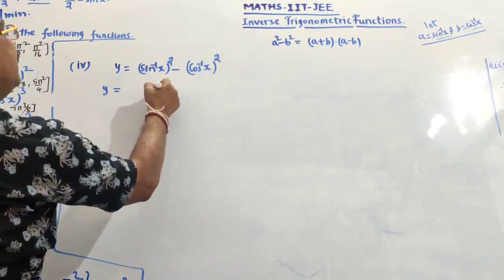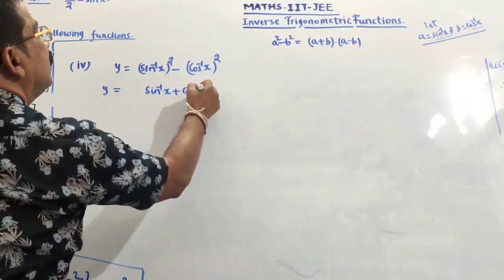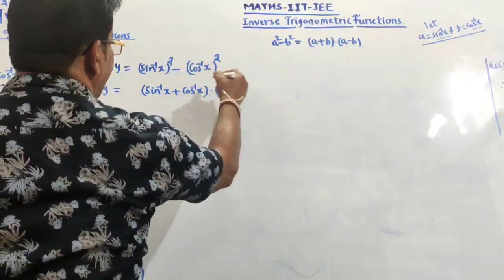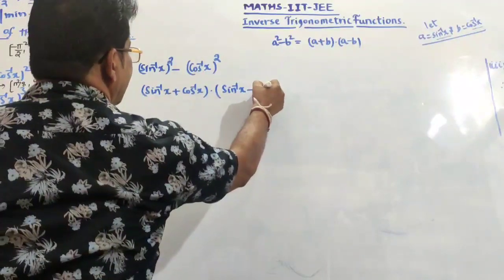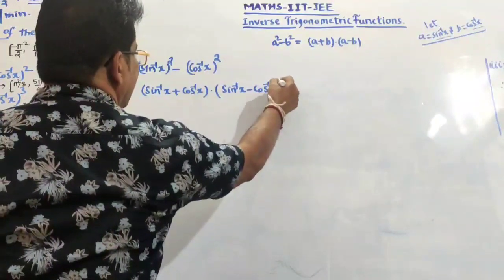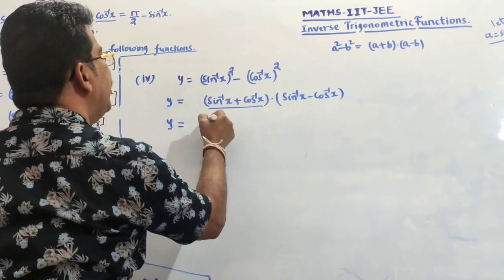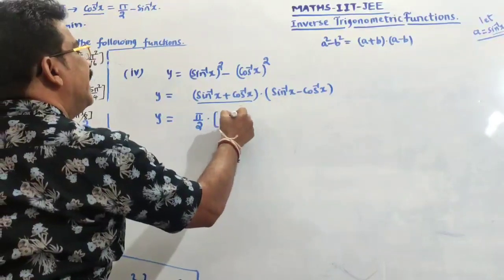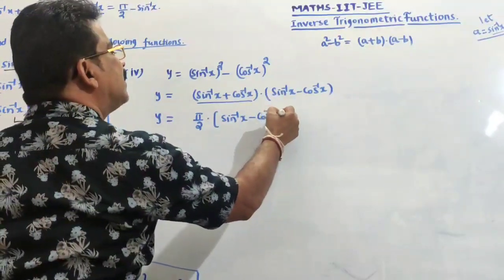A plus b means sin inverse x plus cos inverse x, into a minus b, sin inverse x minus cos inverse x.